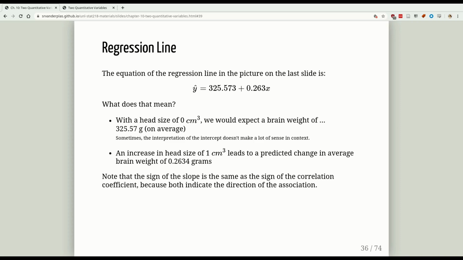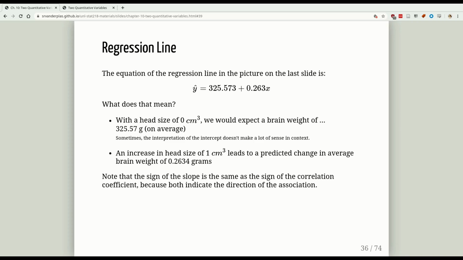So if I had a head size of 0 cubic centimeters, then we'd expect a brain weight of about 325 grams on average, right? Now, physically, this makes no sense.